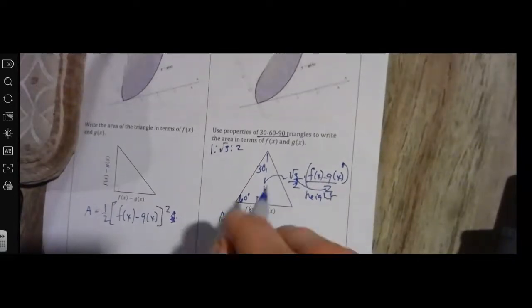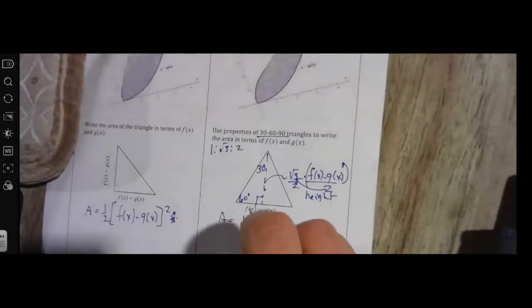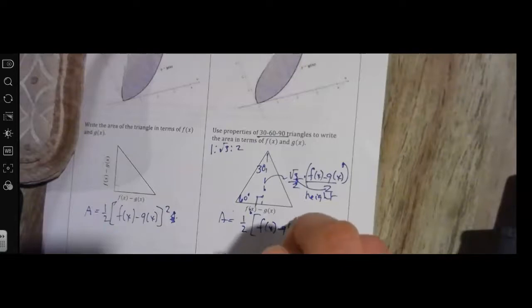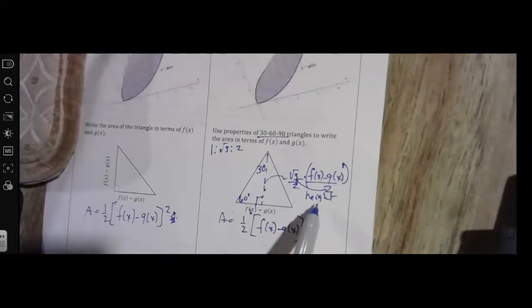Okay, so now we're continuing down here. So it's base times height divided by 2. So our area is going to equal 1/2 the base, f of x minus g of x, 1/2 the base, times the height, which we just got over here. Okay, so it's going to be radical 3 over 2 times f of x minus g of x.